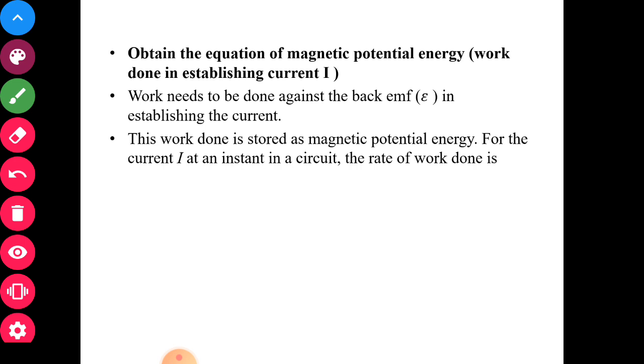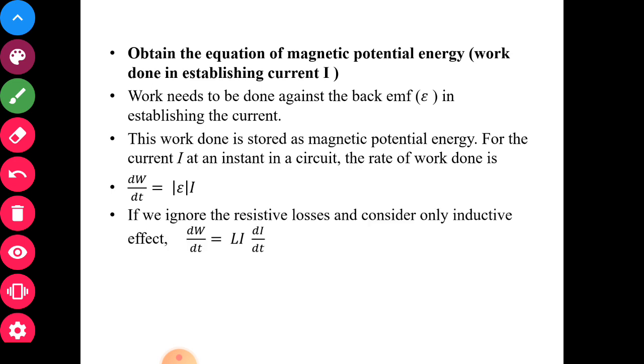For the current I at an instant in the circuit, the rate of work done, dW by dt, is power. Power is induced EMF times I, V into I, as you know. If we ignore the resistive losses, say the coil has no resistance, then dW by dt is equal to L I into dI by dt.